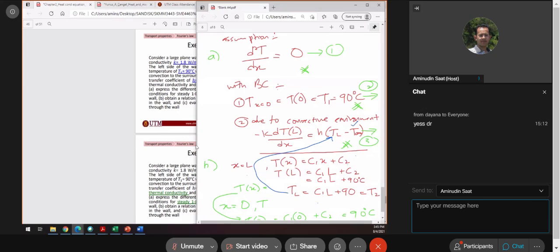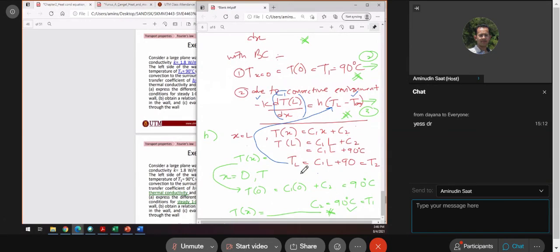You know that, if you have this k value, you need to find this term dT over dx. So this one is basically C1.